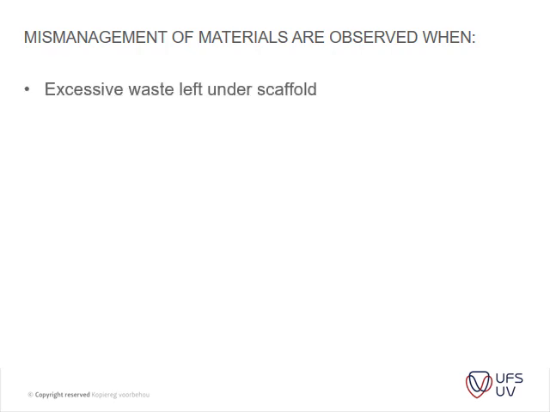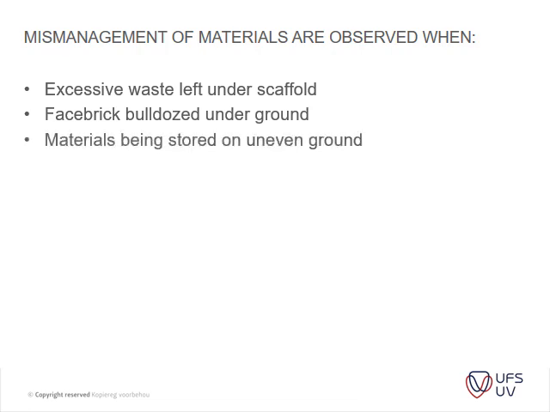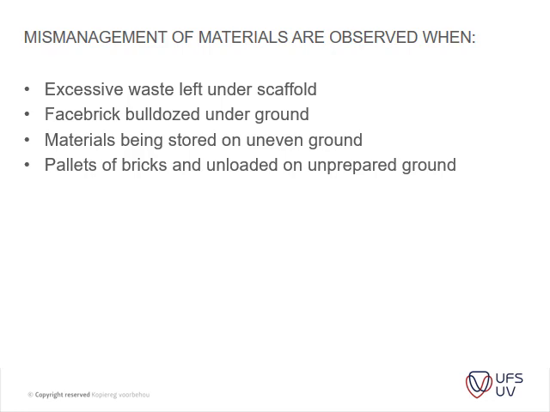Okay, excessive waste left under scaffolding. Here are actually the items which you can see. This is just a few examples. What you can see is excessive waste under scaffold, face brick bulldozed underground, material being stored on uneven ground, pallets of bricks unloaded on unprepared ground.